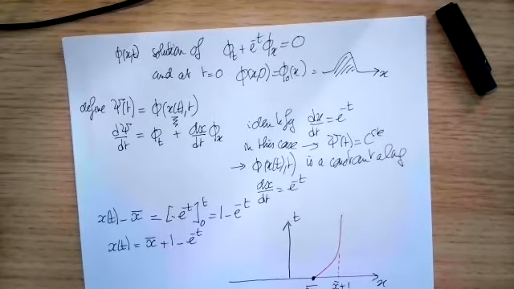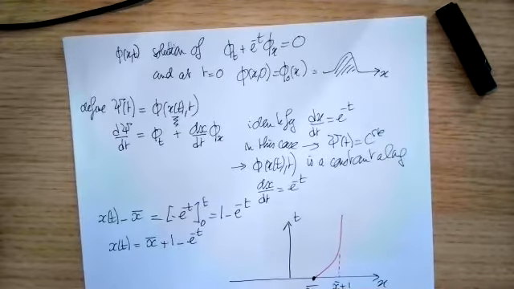Yeah. This is it. Well, one has to think, but I believe, for instance, at low t, you have x(t) equals x bar plus t.